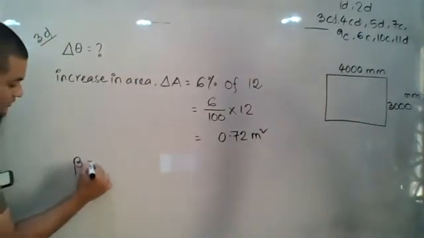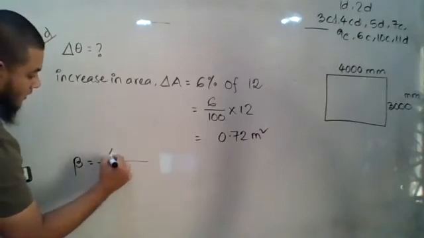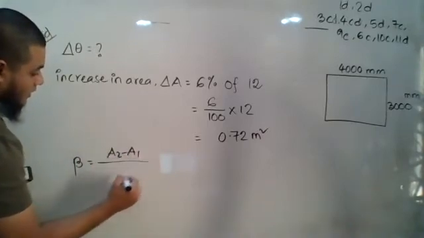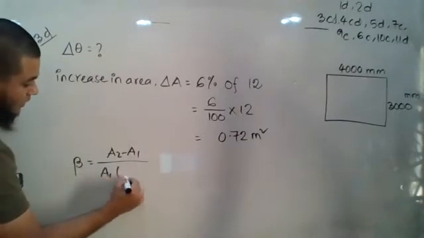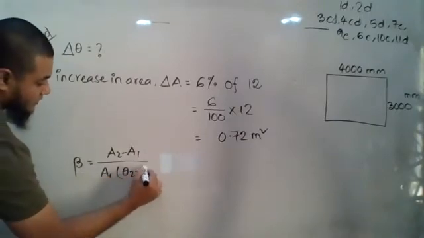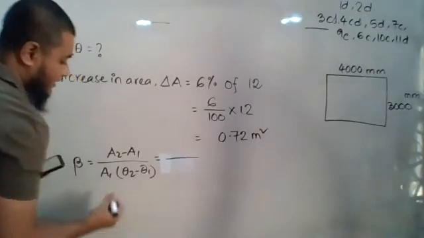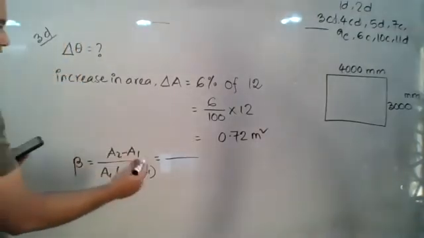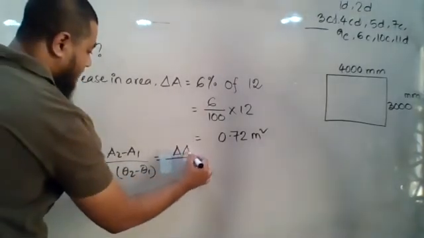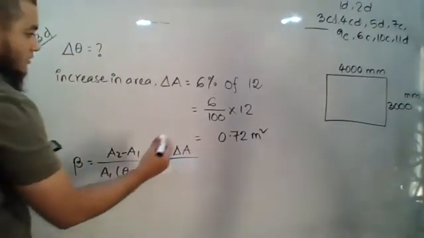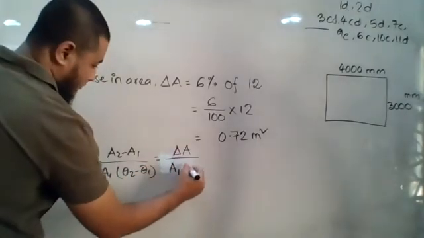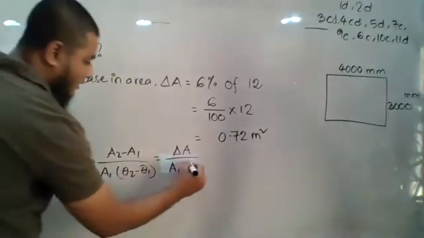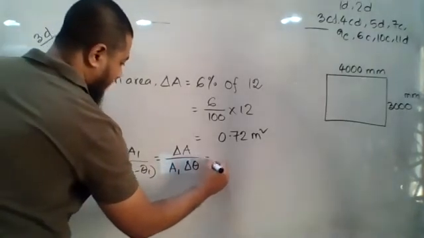We know that beta is equal to A2 minus A1 divided by A1 into theta2 minus theta1, which I can write as: A2 minus A1 is the change of area, delta A, A1 is the initial area, and theta2 minus theta1 is delta theta, right?